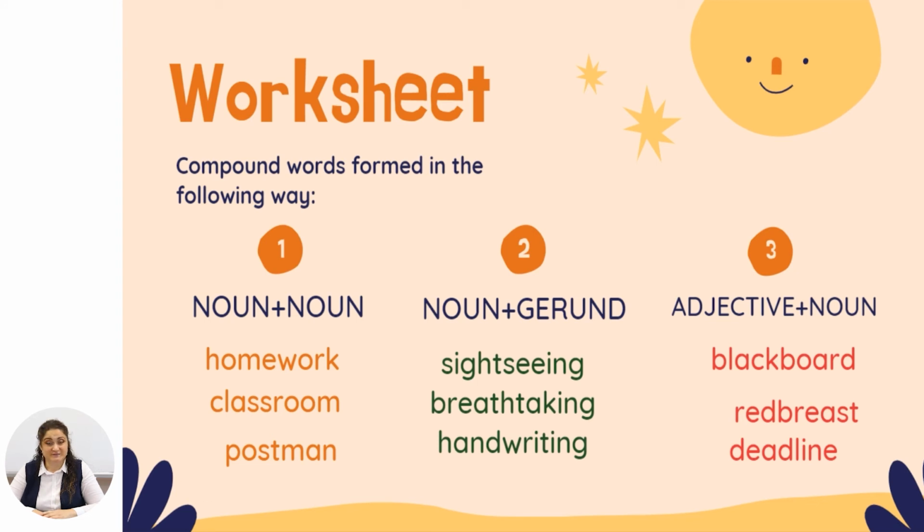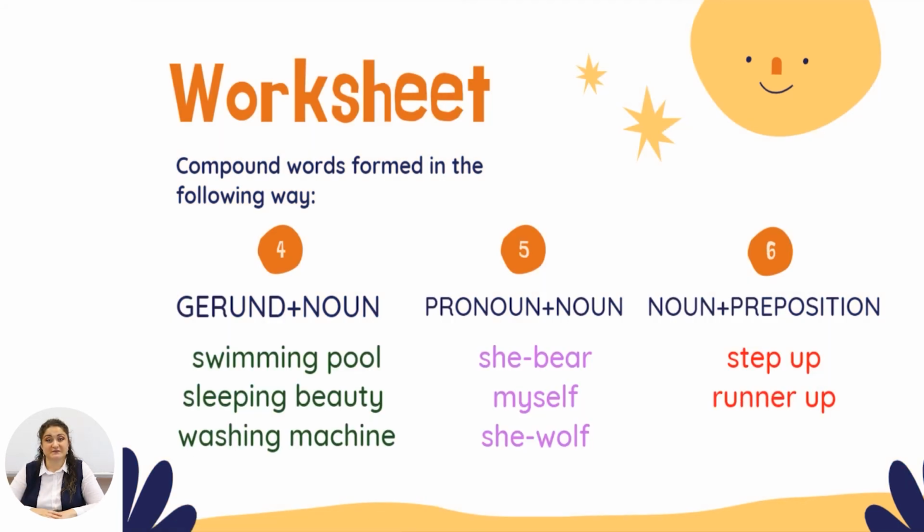Number 3, adjective plus noun. So an adjective describes a noun. Blackboard, redbreast, deadline. Okay. Number 4, gerund plus noun. So, swimming pool, sleeping beauty, washing machine.